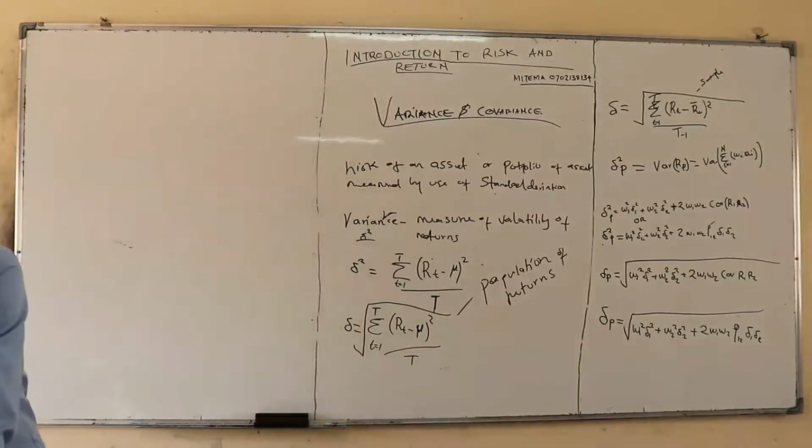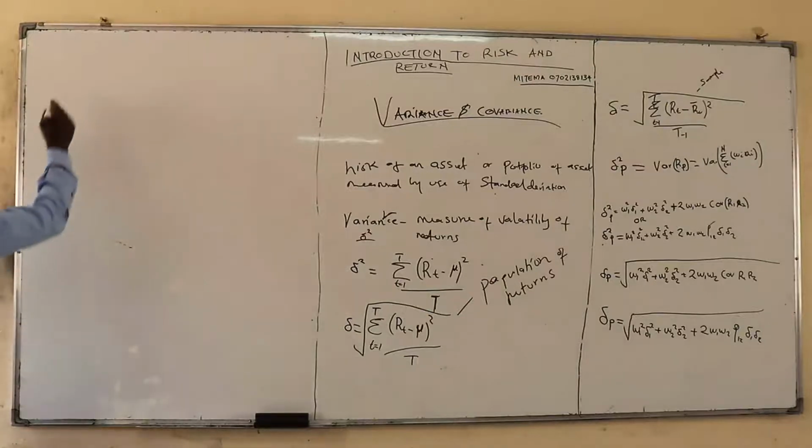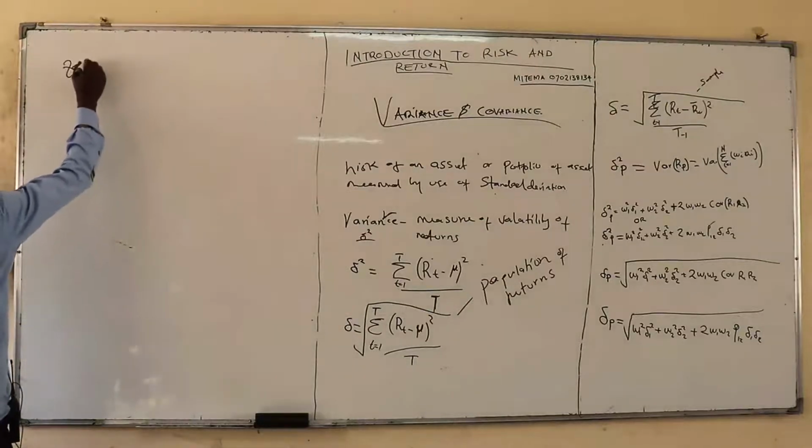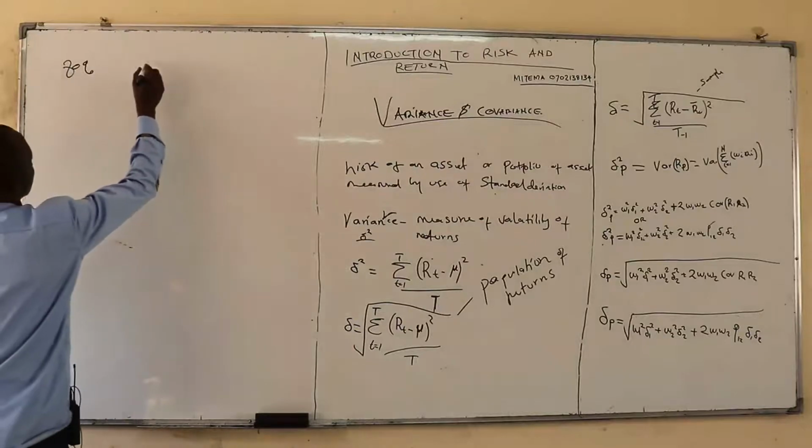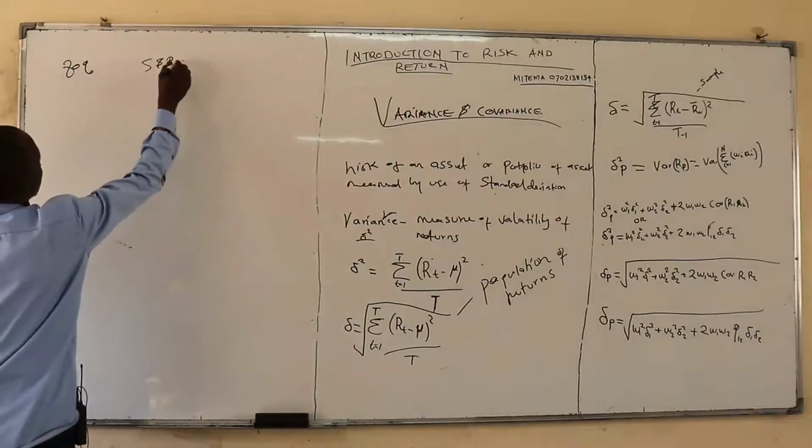So assume that you, as an investor, decide to own a portfolio with 80% invested in the Standard and Poor's 500 stock.